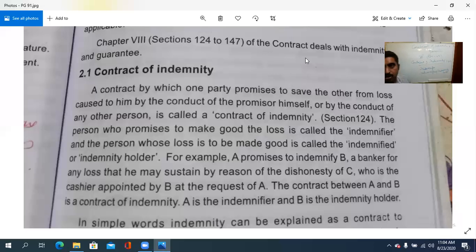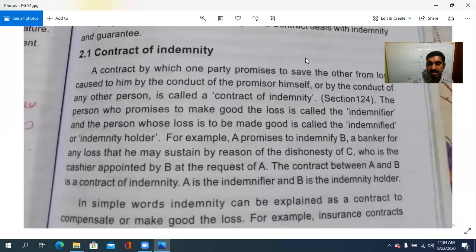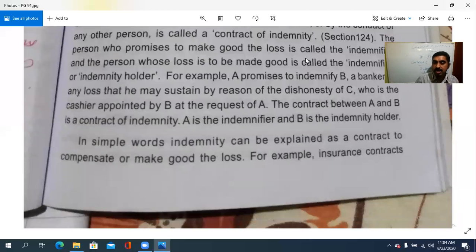I think you got it from this example. So this is the contract of indemnity, and the persons with regard to the contract are the indemnifier and the indemnity holder, or the indemnified. Need to explain one more? I think no, because everybody should understand this with the example itself.